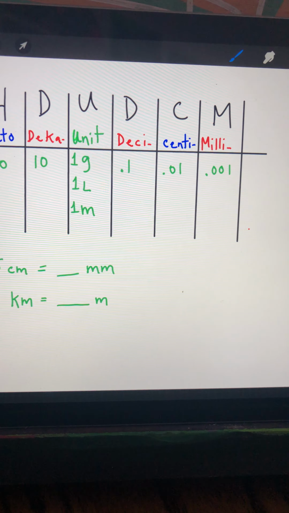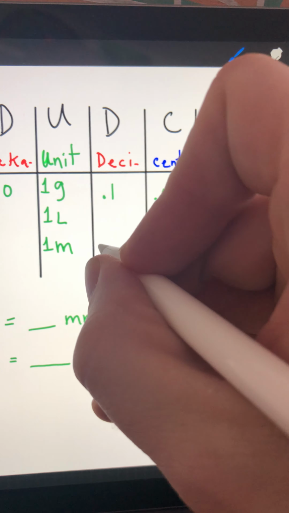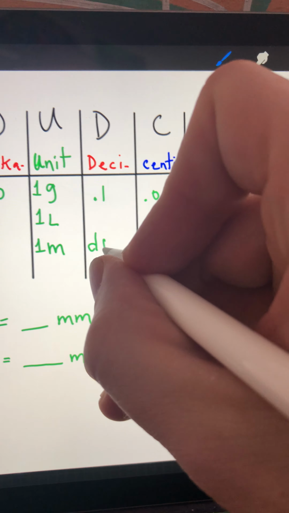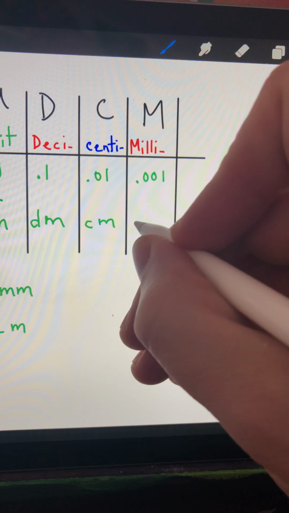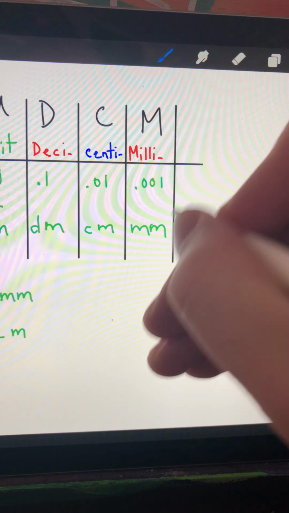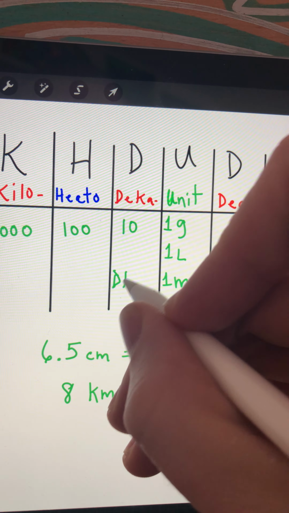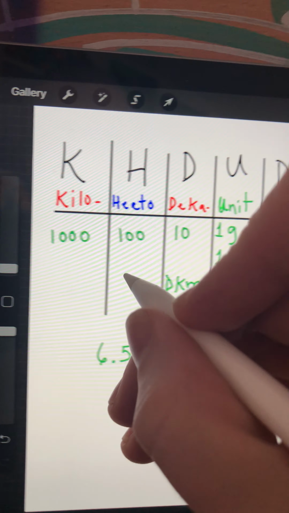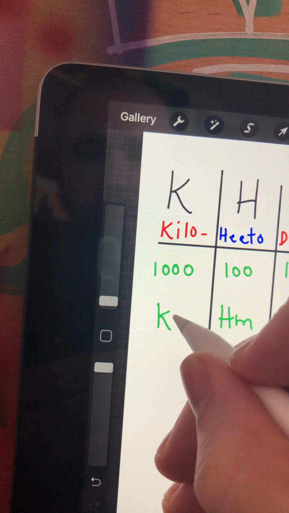So I'm going to write this on here so you guys know the prefixes. We have decimeter, we have centimeter, and we have millimeter. And decameter is DKM. That's the only one that's different. And we have a hectometer, and then we have a kilometer.